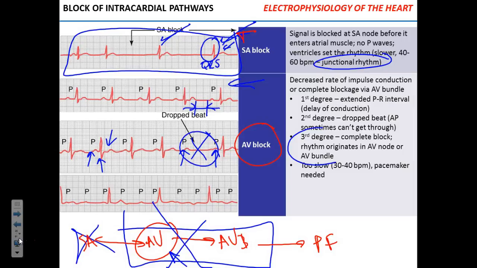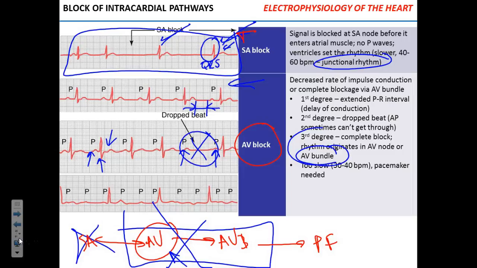Rhythm actually will originate more in the AV bundle. And the rhythm that originates in the AV bundle becomes very slow, 30 to 40 beats per minute. Now you can tell, what about those athletes? We talk about the regular person whose normal heart rate is around 70.